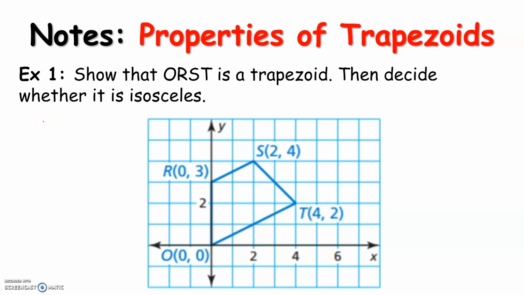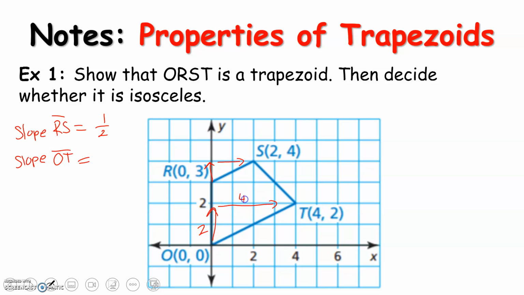All right, so let's take a look at those slopes. The slope of RS is rise 1, run 2, so a slope of 1/2. Then the slope of the other base, OT, is up 2 over 4, which reduces to 1/2.